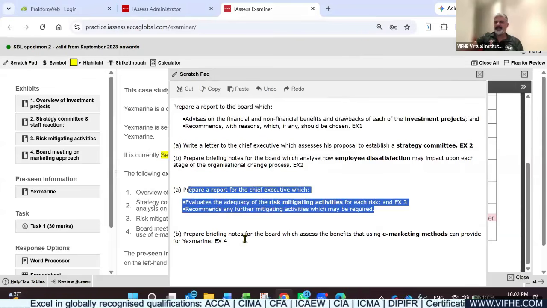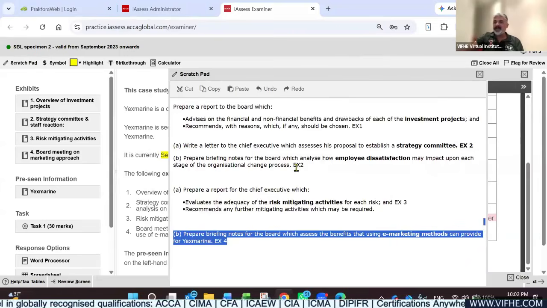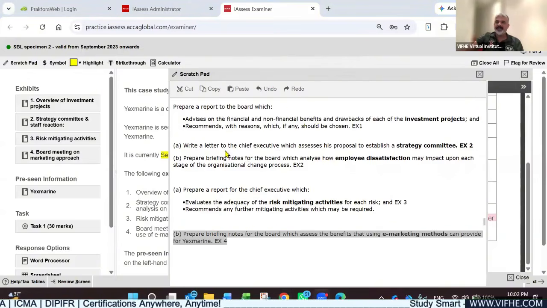But I see a question on change management. Can you see a question on change management? Do you see the word organizational change process anywhere?